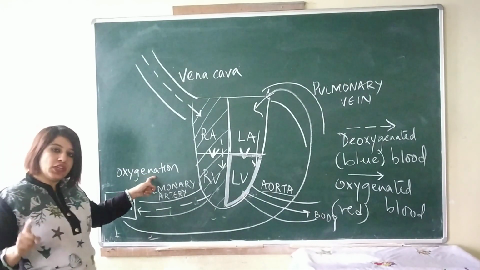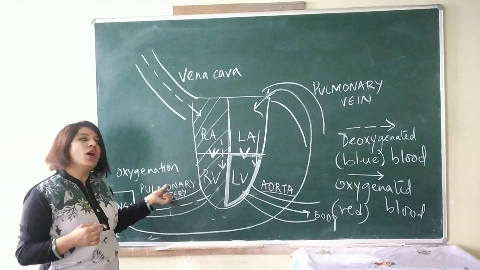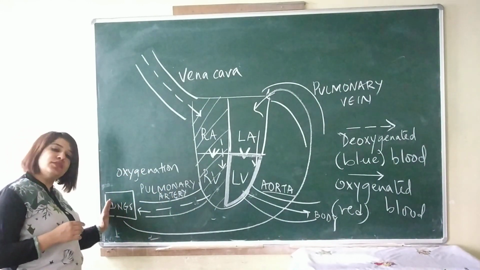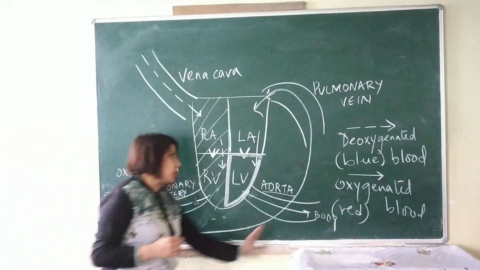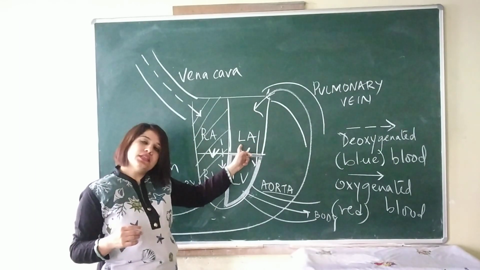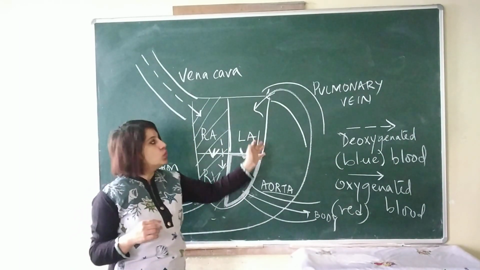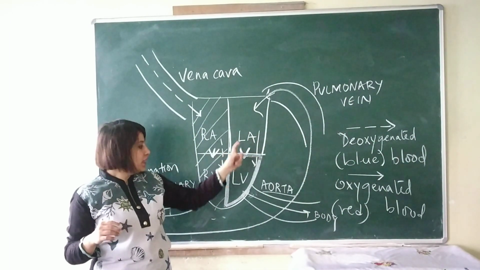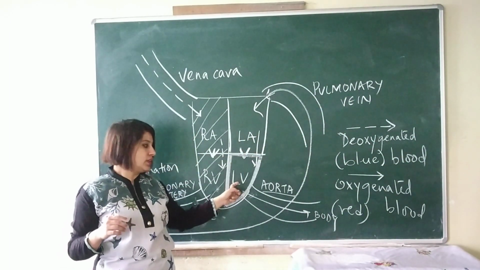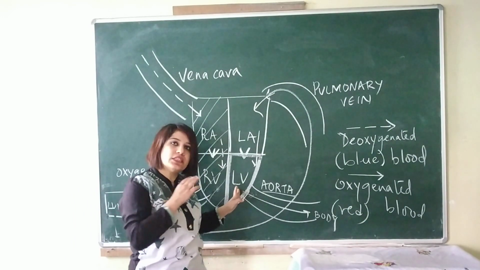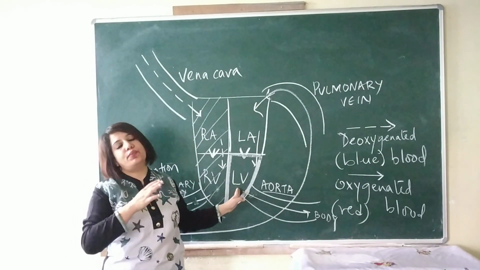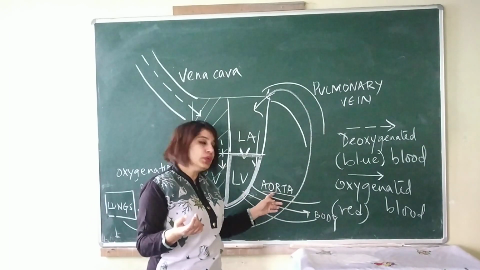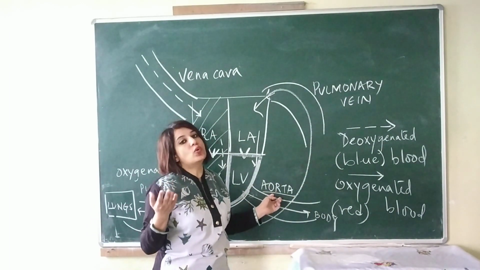For oxygenation. Who carries it? The pulmonary artery. In the lungs, the blood becomes oxygenated. This oxygenated blood now enters the left auricle. Who carries it? The pulmonary vein. From the left auricle, it enters the left ventricle. From the left ventricle, the oxygenated blood is pumped to the different parts of our body. Who carries it? The aorta.